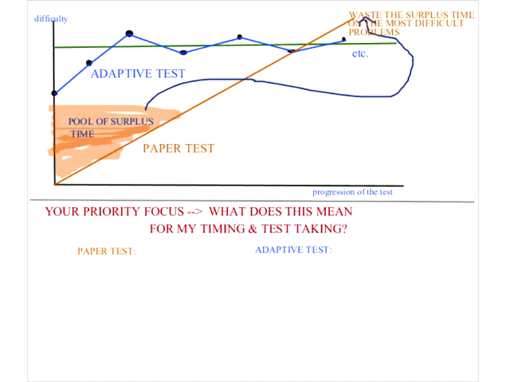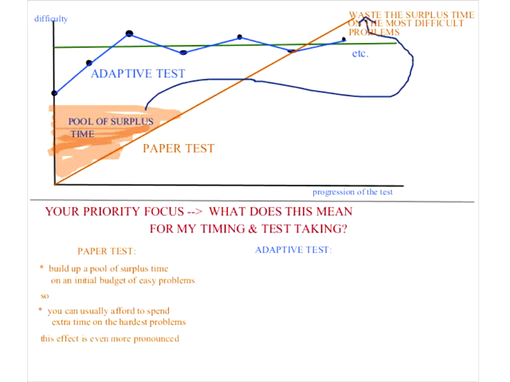You build up a pool of surplus time on an initial bunch of easy problems. So you can usually afford to spend extra time on the hardest problems. This effect is even more pronounced because you can skip around and revisit problems.